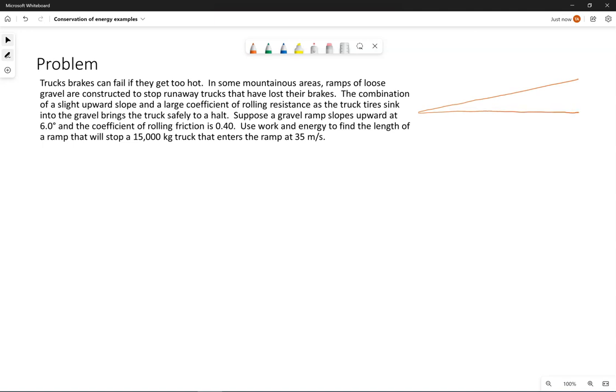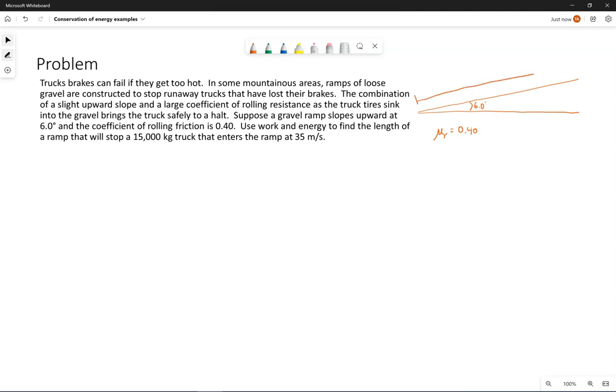So we're supposing this gravel ramp slopes upward at 6 degrees. The coefficient of rolling friction is 0.4. We want to use work and energy to find the length of the ramp.